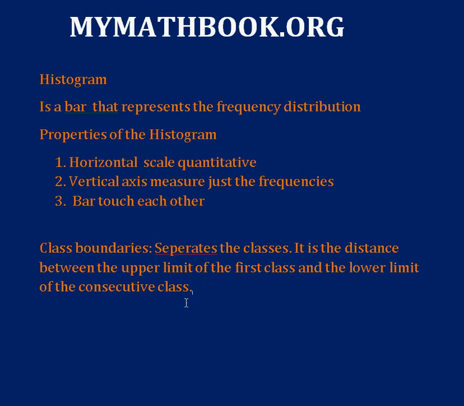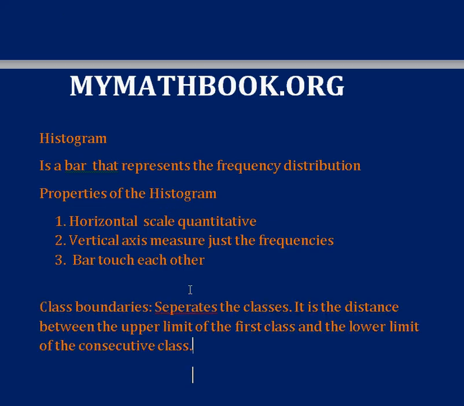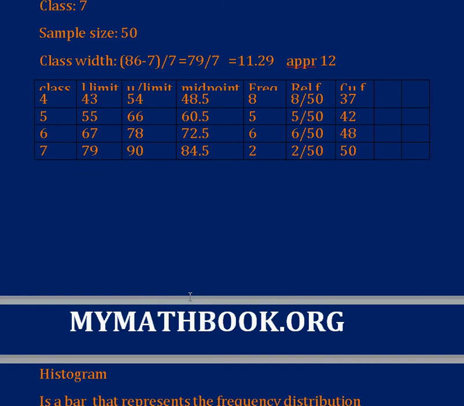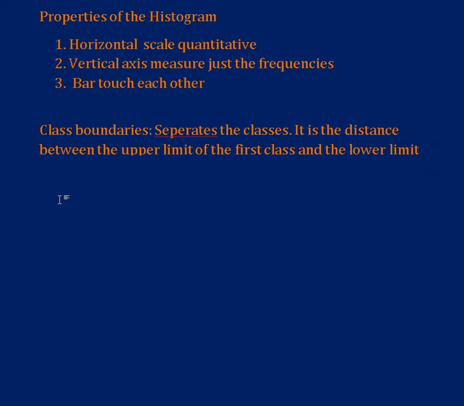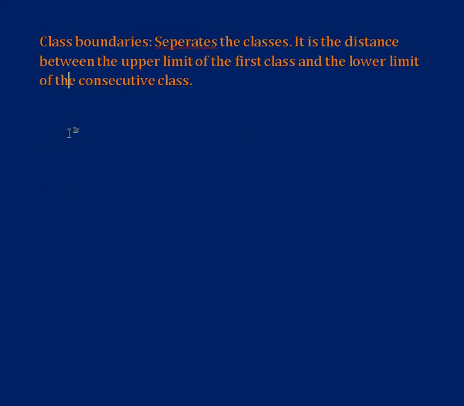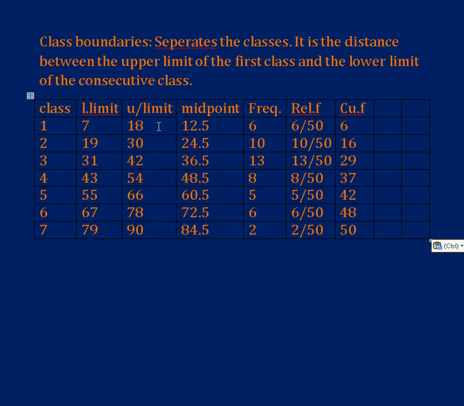So in our case, let's take the question that we were dealing with before, the table. I'll replicate this table here so that we don't have to go back and forth. We have our previous table, which has lower limits and upper limits of consecutive classes, and we want to be able to construct the class boundaries.